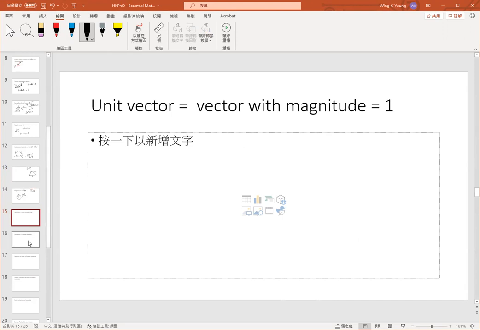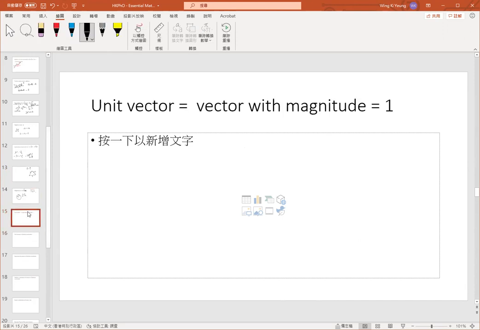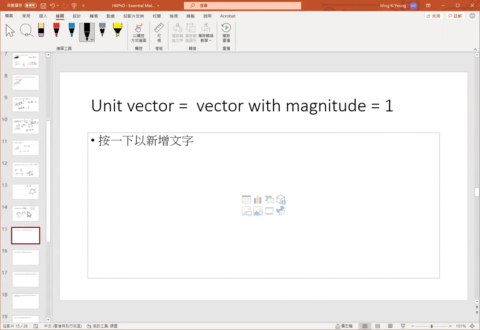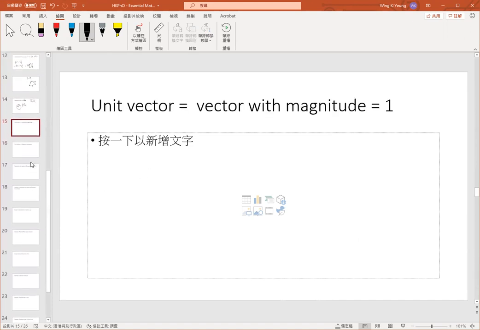So then let's move on. Okay. We still have a lot to cover today. So unit vector. Sometimes, let's say for speed, you know speed is defined as distance over time.